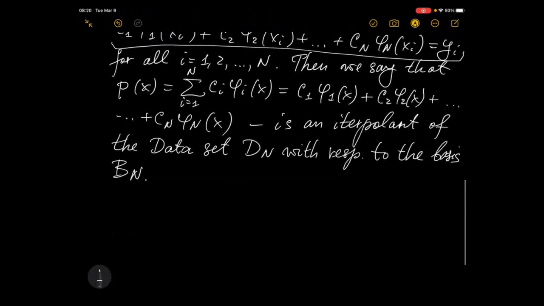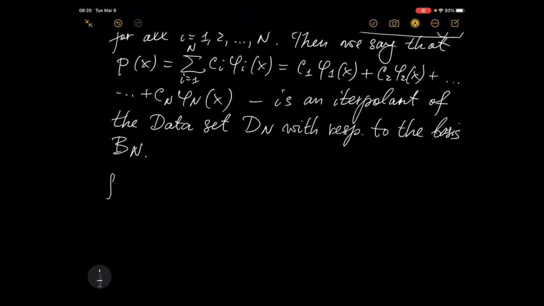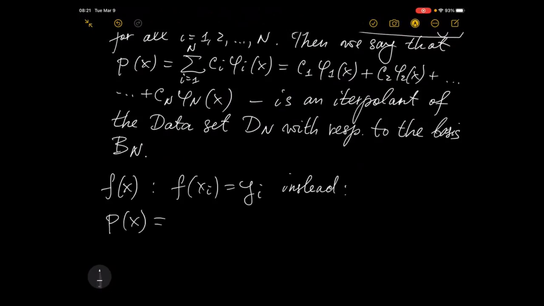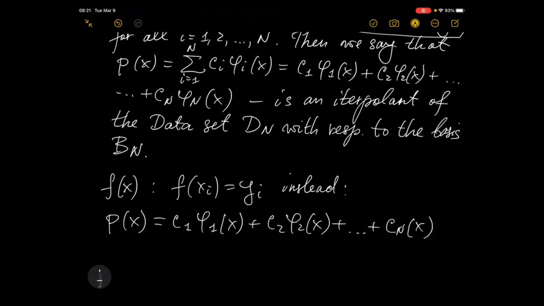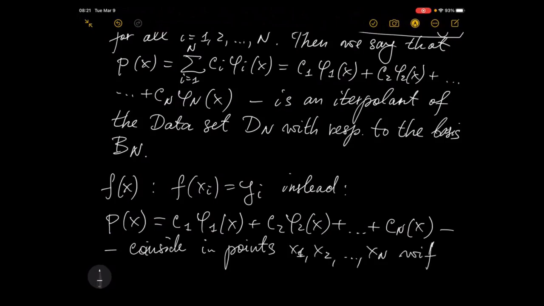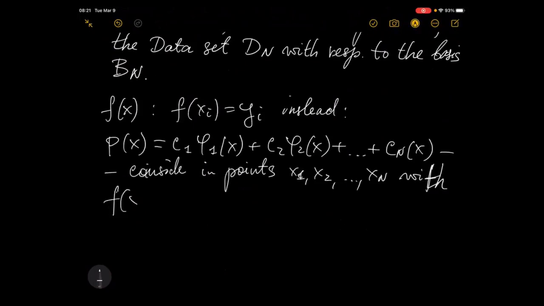So once again, the idea is that instead of having f of x such that f of xi equals yi, we are trying to find such a linear combination of our basis functions which would coincide at points x1, x2, and xn with f of x.